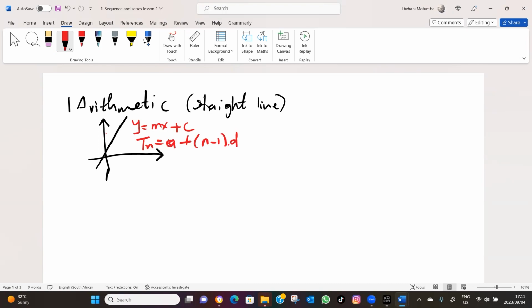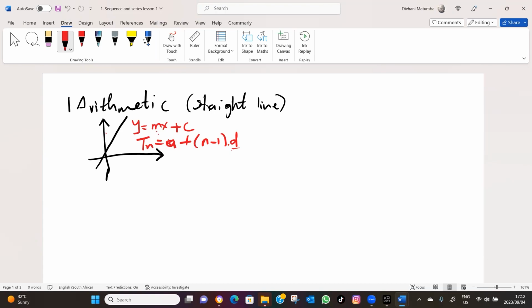The term a is represented by c on a straight line function, and the slope of the sequence function is the d. So your d is equal to m.